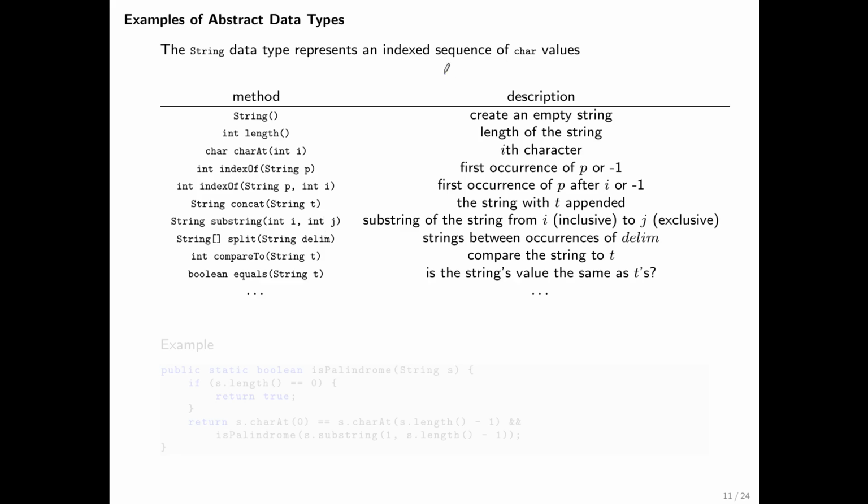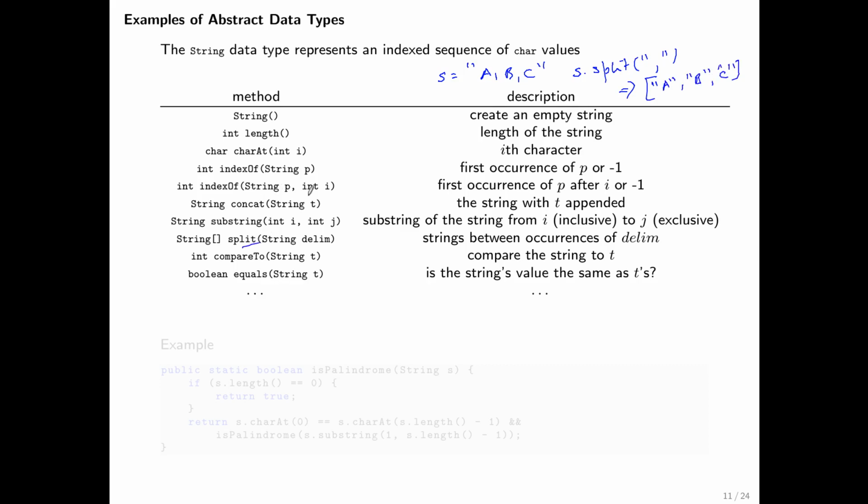For example, if s is the string A, comma B, comma C, then saying s.split using the delimiter comma will give you an array whose first element is the string A, the second element is the string B, and the third element is the string C. Okay, so that's how split works.